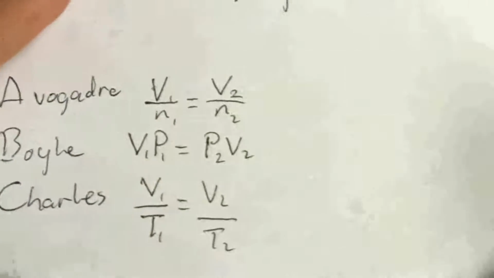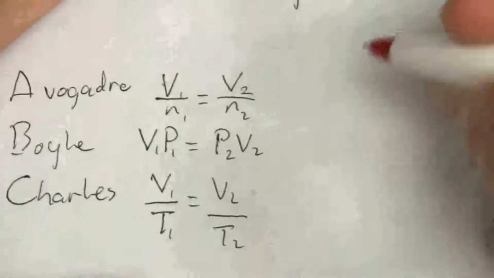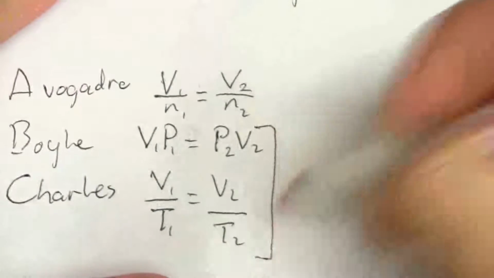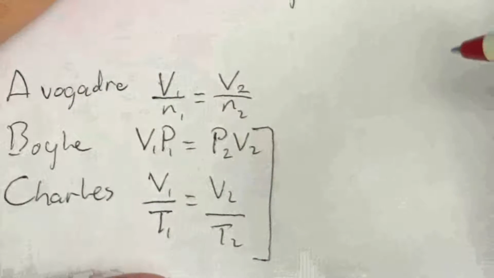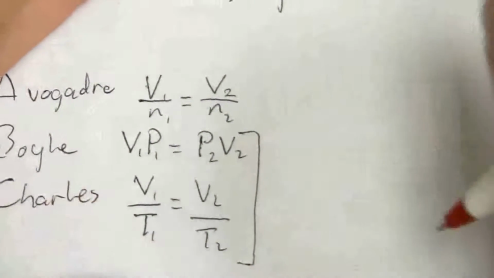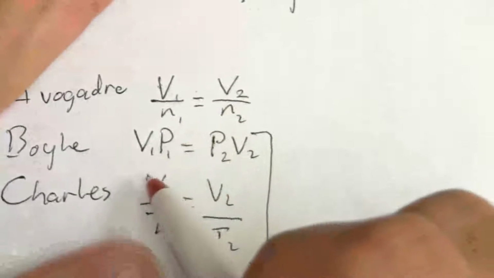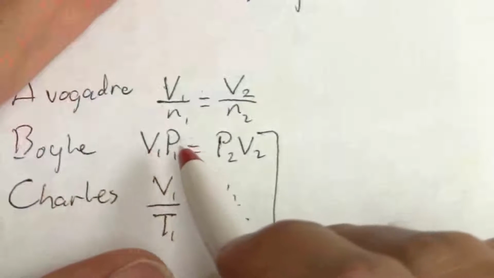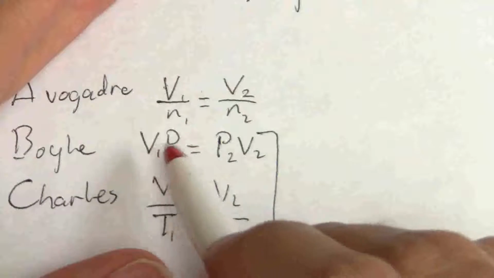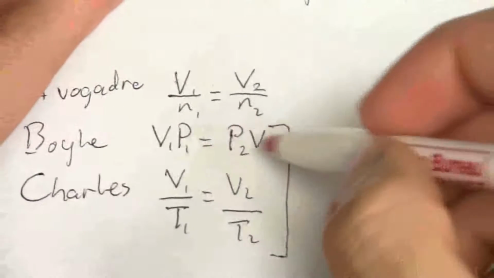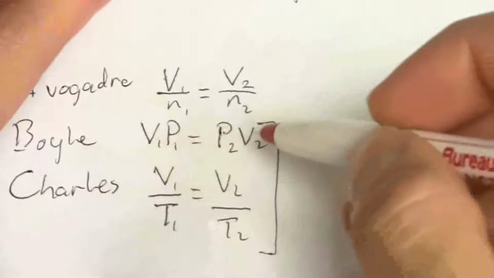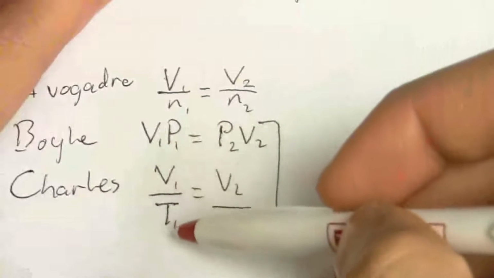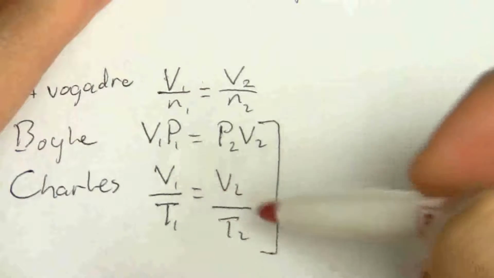But we're going to look at this and put these two together. Because we'll see that Boyle's law says volume times pressure is equal to a constant, and Charles' law says volume divided by temperature is equal to a constant.